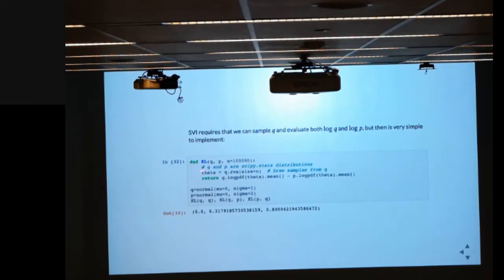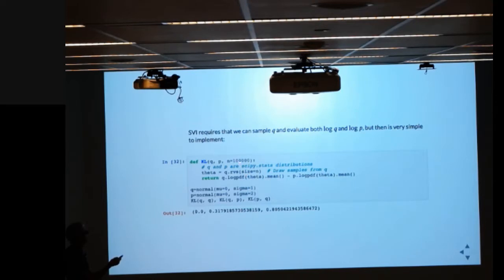Okay, so here it is in two lines. Q and P here are just scipy.stats distributions. scipy.stats has a nice family of pretty much any continuous and discrete distribution you've heard of, and lots you've never heard of. So it's a nice way of prototyping stuff like this. Whatever Q is, it's going to have a random variable sampling method.